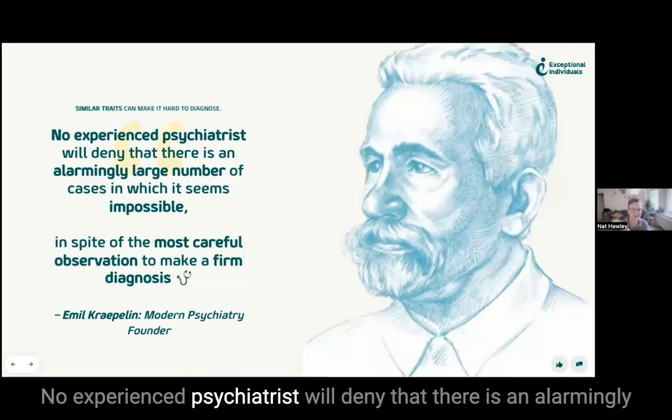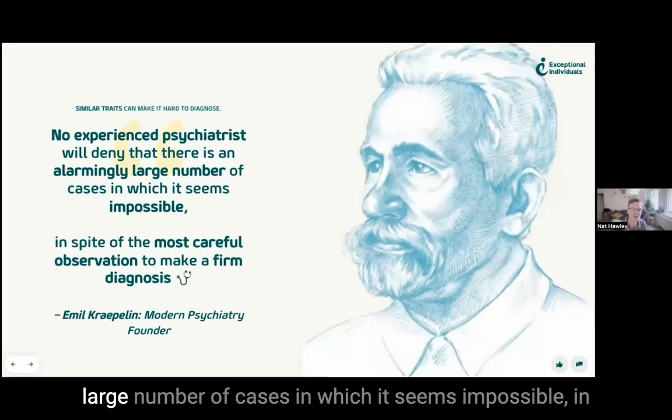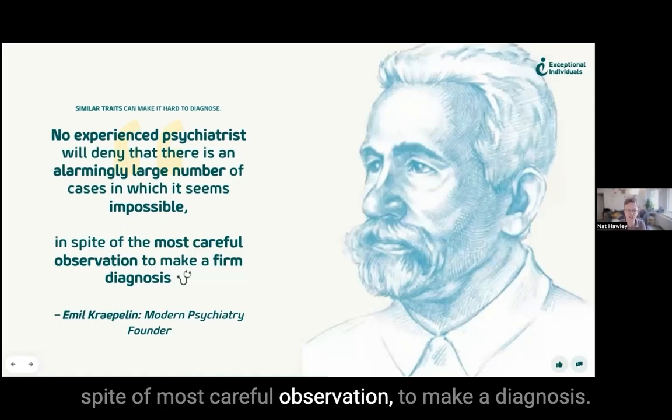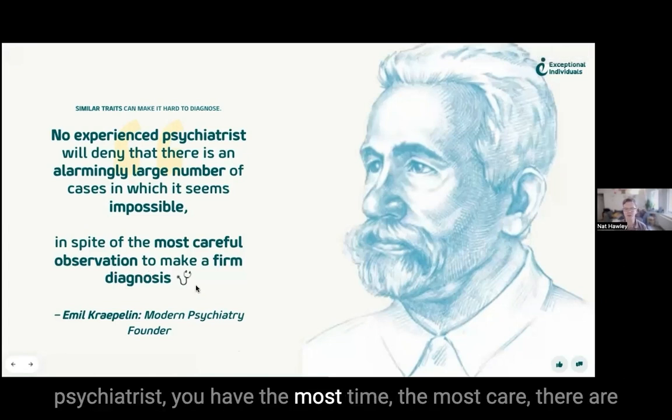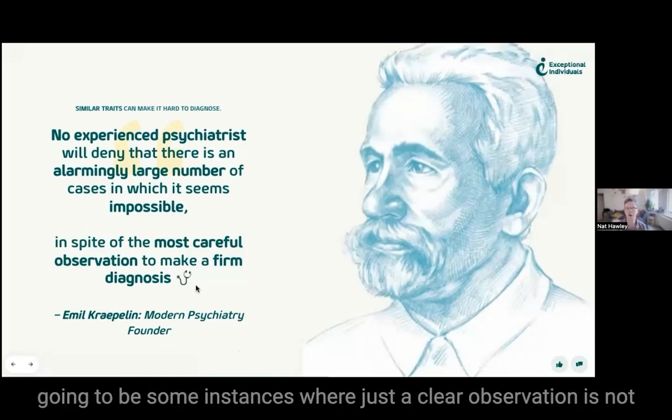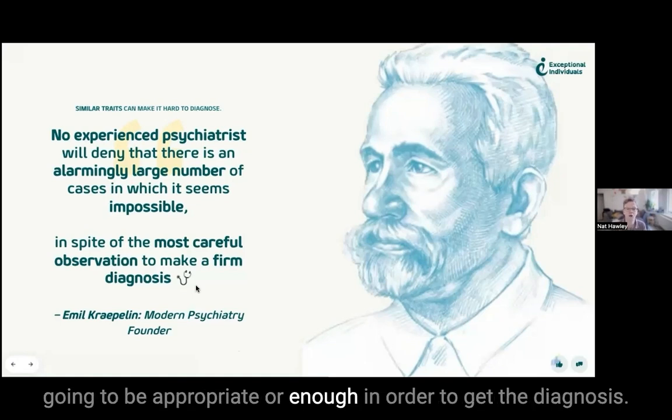"No experienced psychiatrist will deny that there is an alarmingly large number of cases in which it seems impossible, in spite of most careful observation, to make a diagnosis." So what he is saying here is even if you have the absolute best psychiatrist, you have the most time, the most care, there are going to be some instances where just a clear observation is not going to be appropriate or enough in order to get the diagnosis.